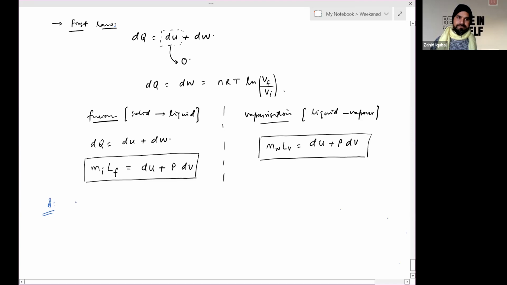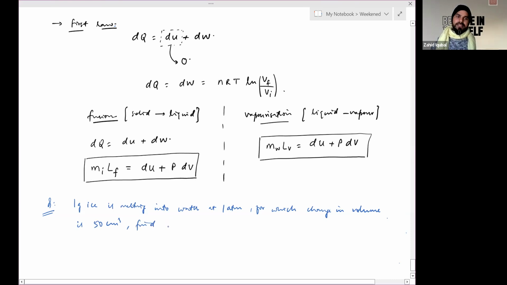Suppose 1 gram of ice is melting into water at 1 atm, for which the change in volume is 50 centimeter cube.